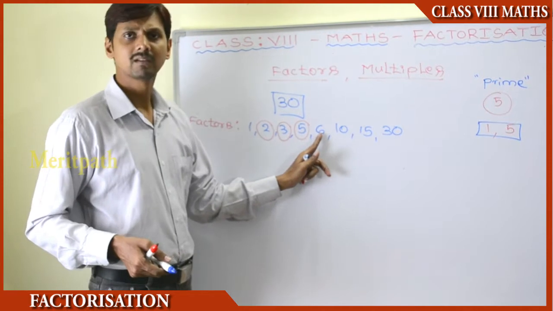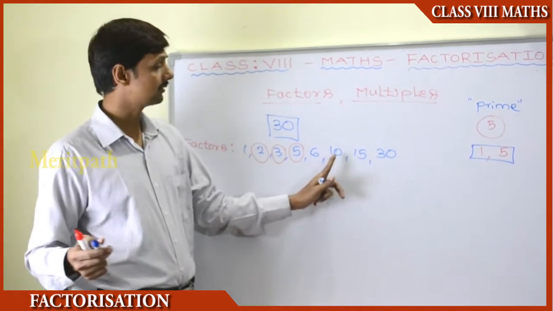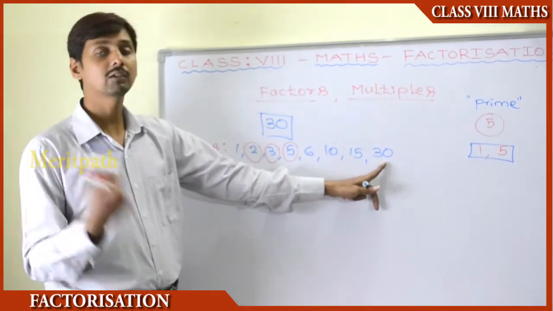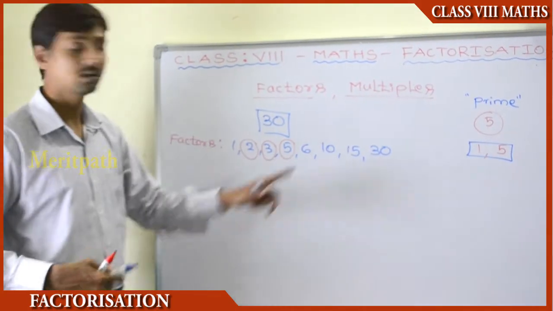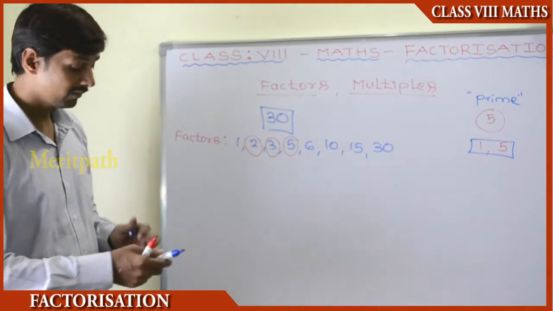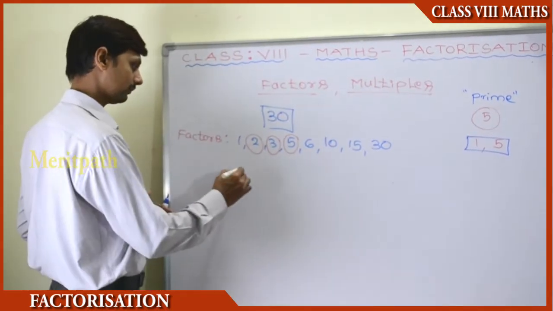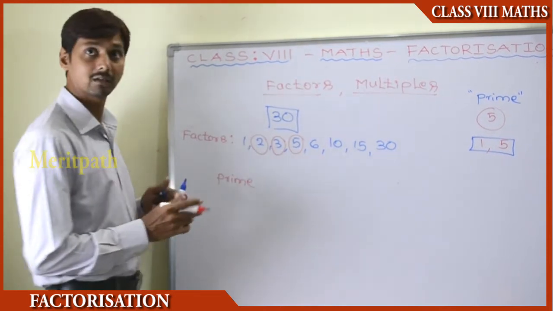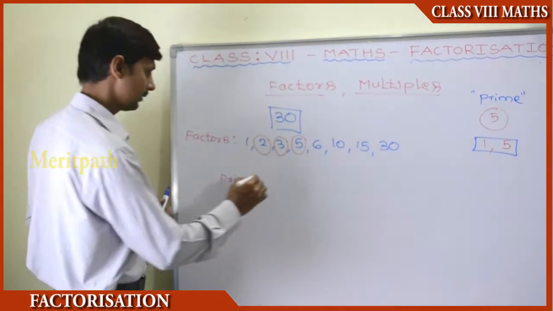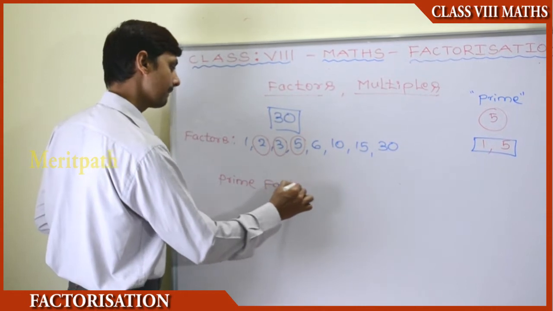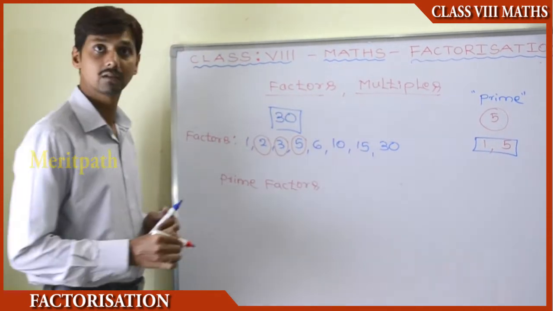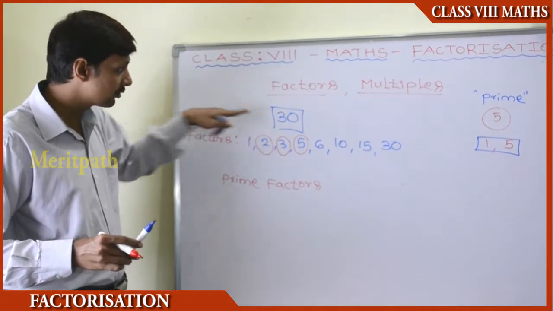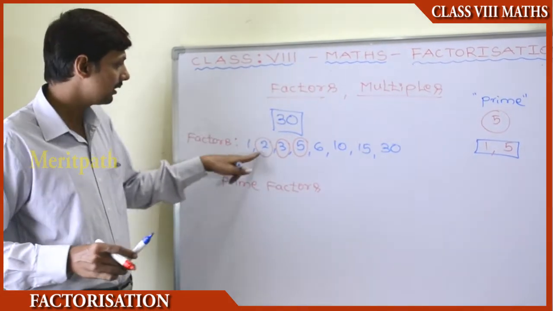6 has more than two factors. 10 has more than two factors. 15 also, and 30 also have more than two factors. So these are our prime numbers, and we have taken the prime numbers from the factors. So these are the factors of 30 as well as prime numbers.